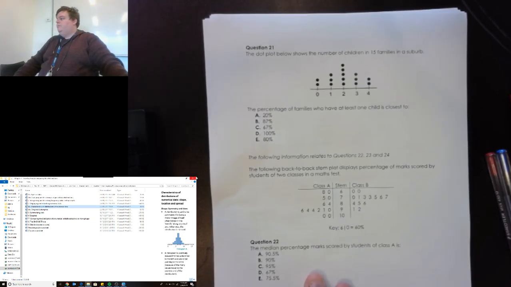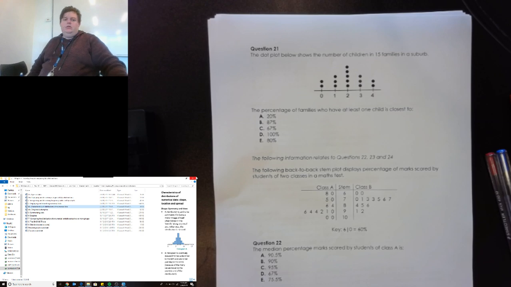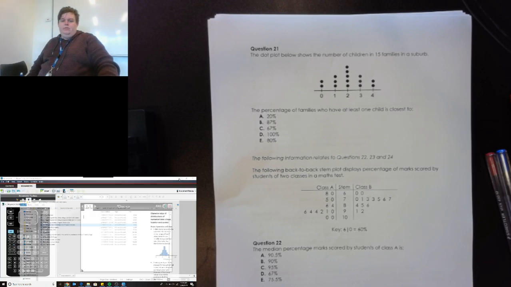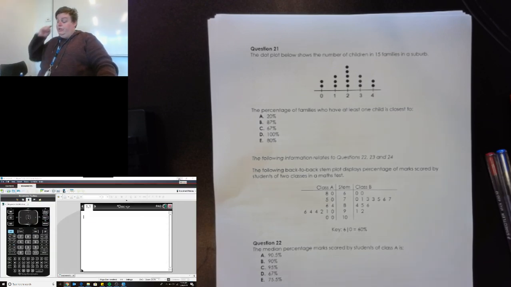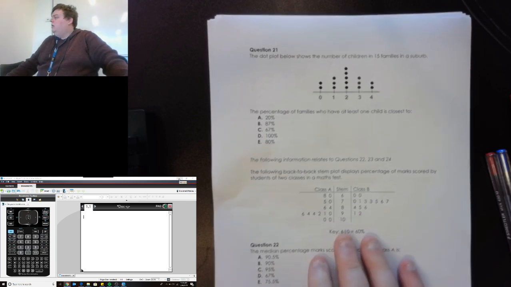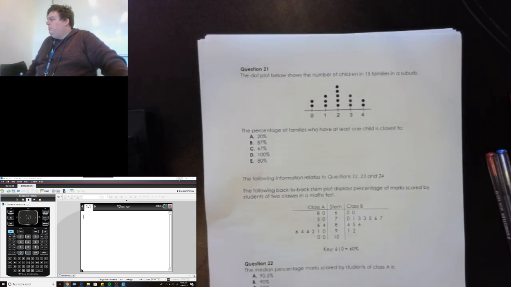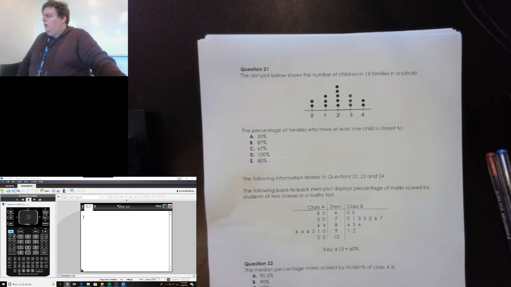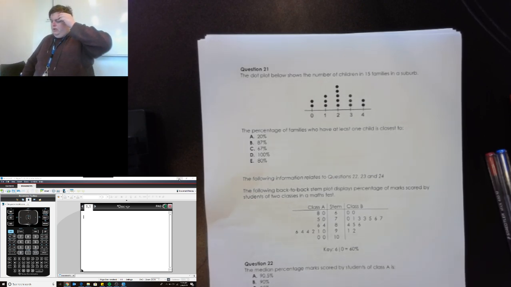All right, dot plots, exciting stuff. So we're looking at, let me try and get that onto the screen a bit better. Okay. The dot plot below shows the number of children in 15 families in a suburb. What percentage of families have at least one child?